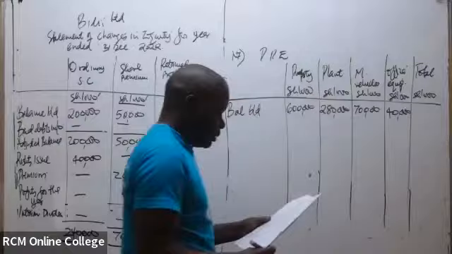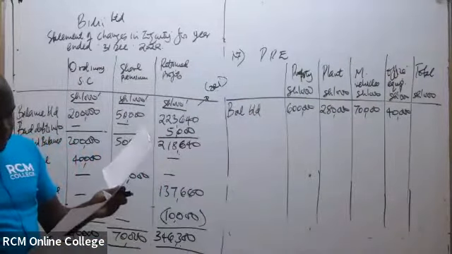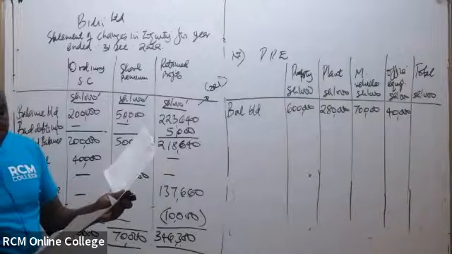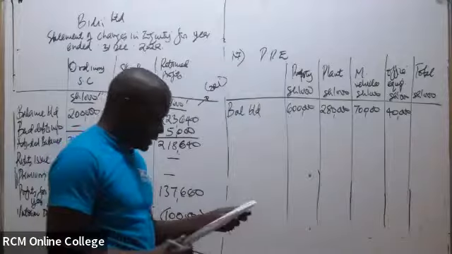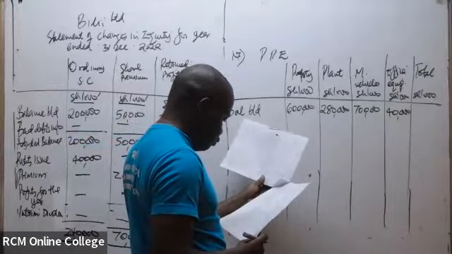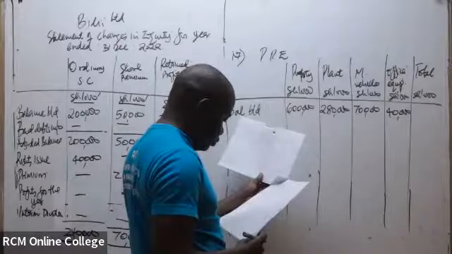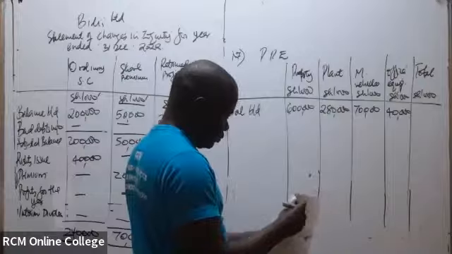So we must be able to adjust by having to do what? Less the accumulated depreciation. We need to less the accumulated depreciation.